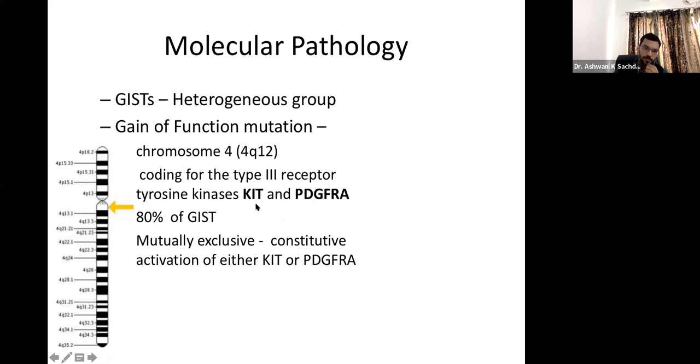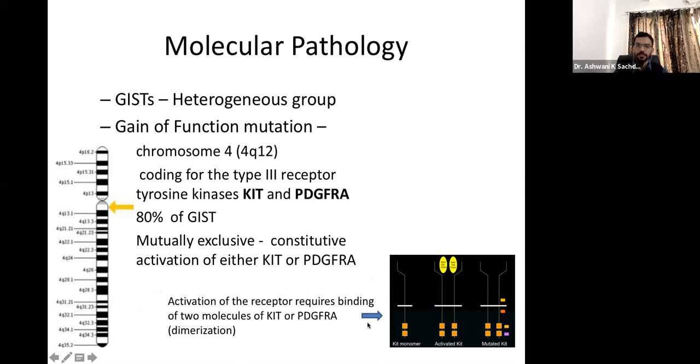Usually they are mutually exclusive. If there is activating mutation of KIT, then there won't be activating mutation of PDGFR. PDGFR is platelet derived growth factor receptor A.